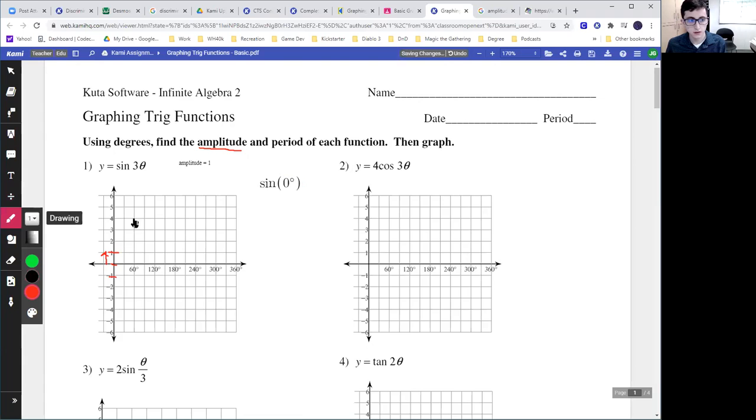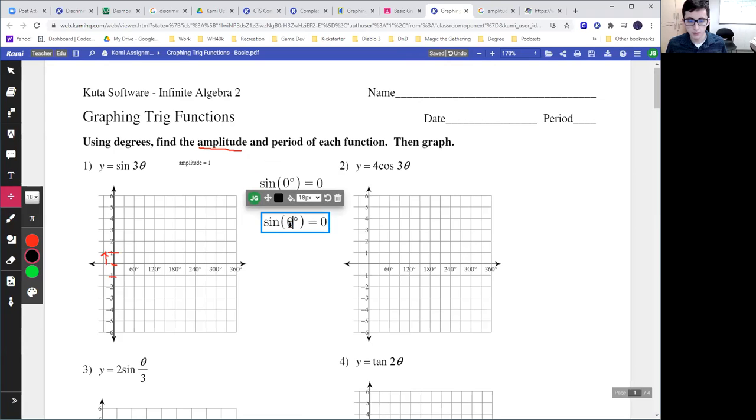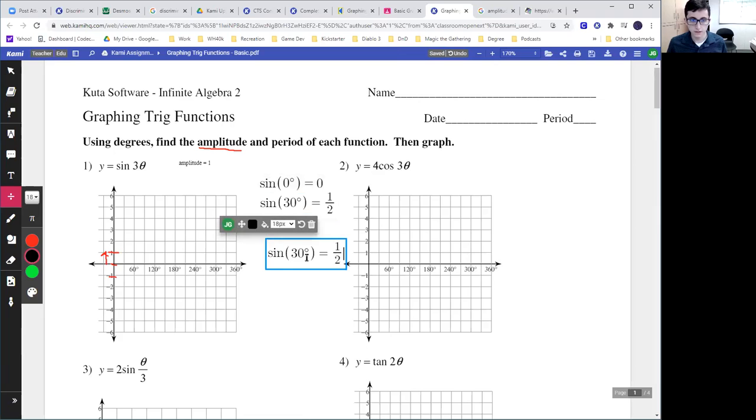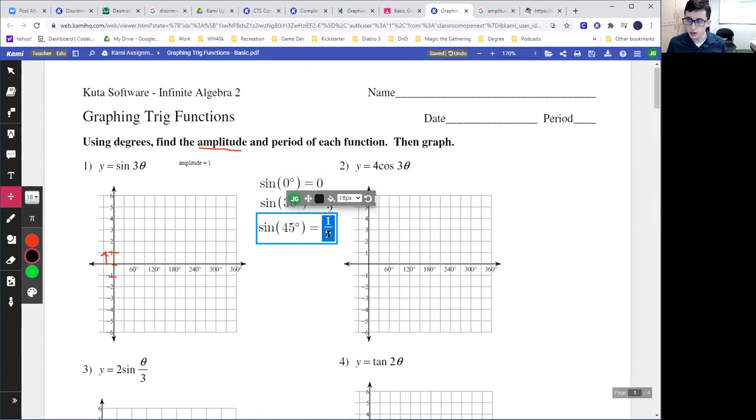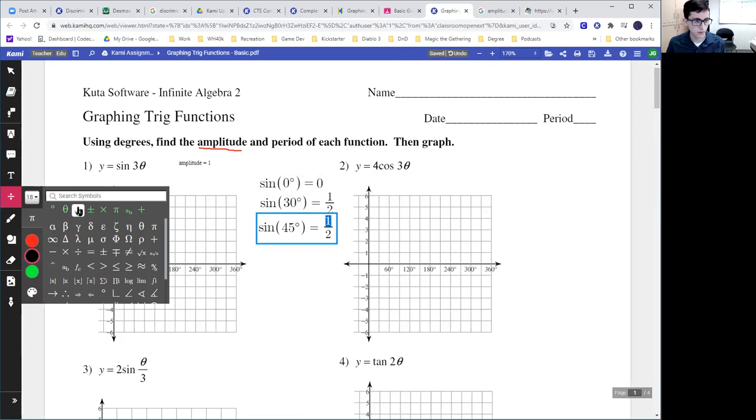Sine of 0 degrees would be 0. Let's see how big we can get it. Sine of 30 degrees, we know that that's 1/2 from our common angles. Sine of 45 degrees, based on our common angles, is the square root of 2/2, so slightly bigger than 1/2.